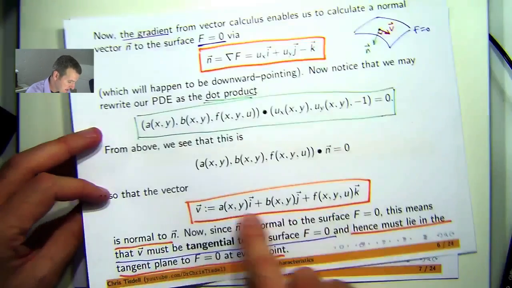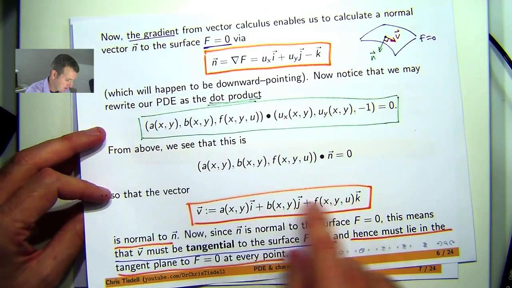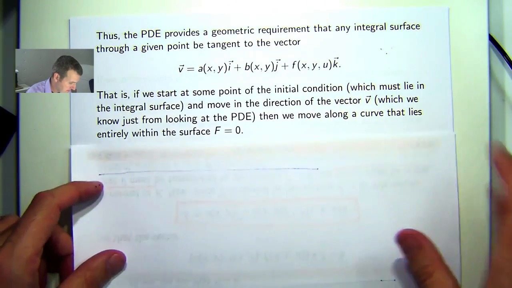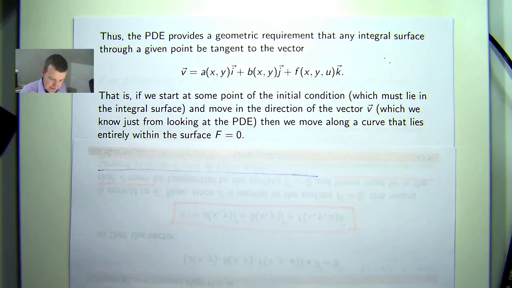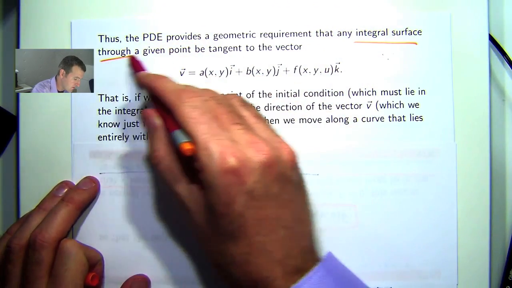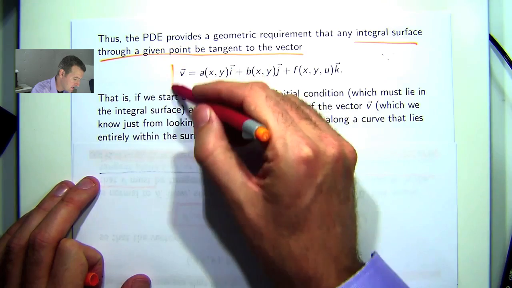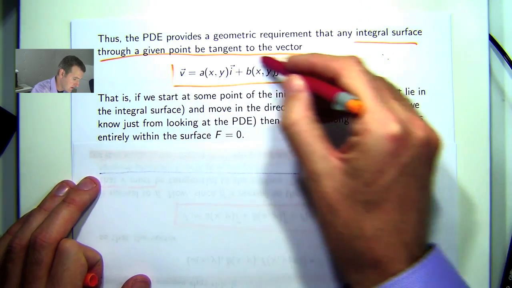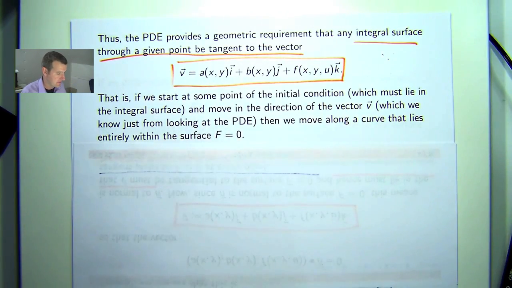So remember, these things are just determined by the PDE itself. The semi-linear PDE provides a geometric requirement that any integral surface through a given point be tangent to this vector.